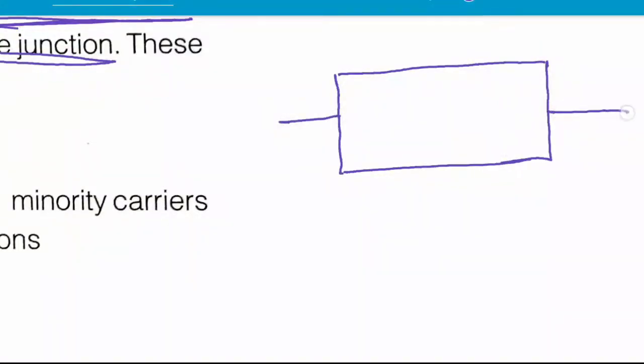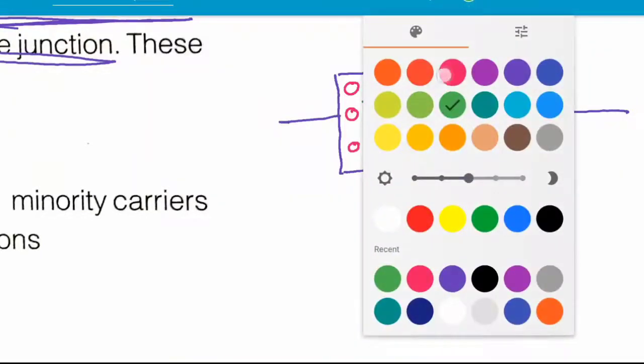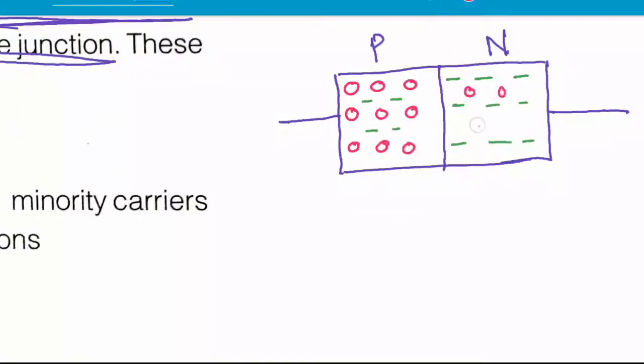Suppose this one is a PN junction, this one is P, and this one is N side, and in P side, there are the majority carriers as holes, I have denoted by circles, and minority carriers as electrons, I am showing by the negative marks. Here in N side, the majority carrier is the electrons and the minority carriers are holes.